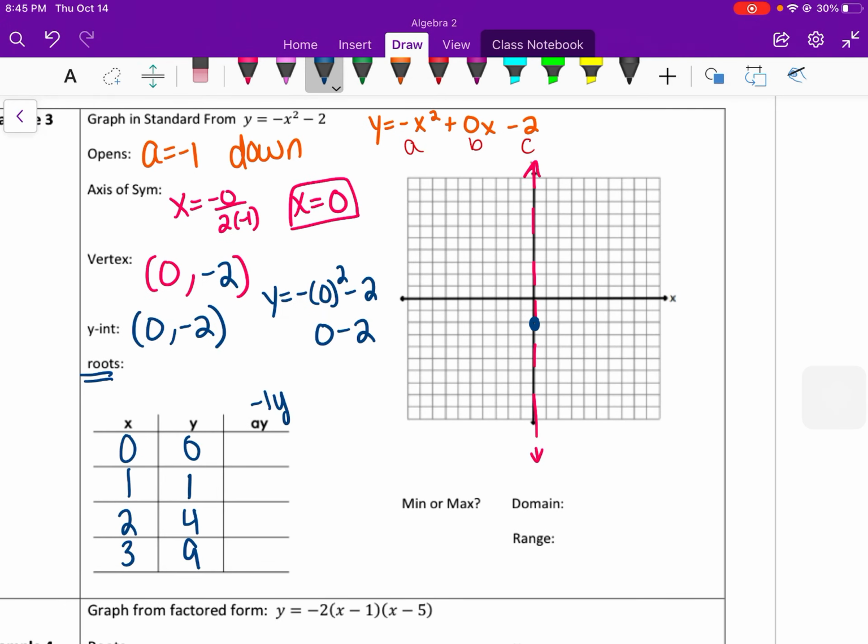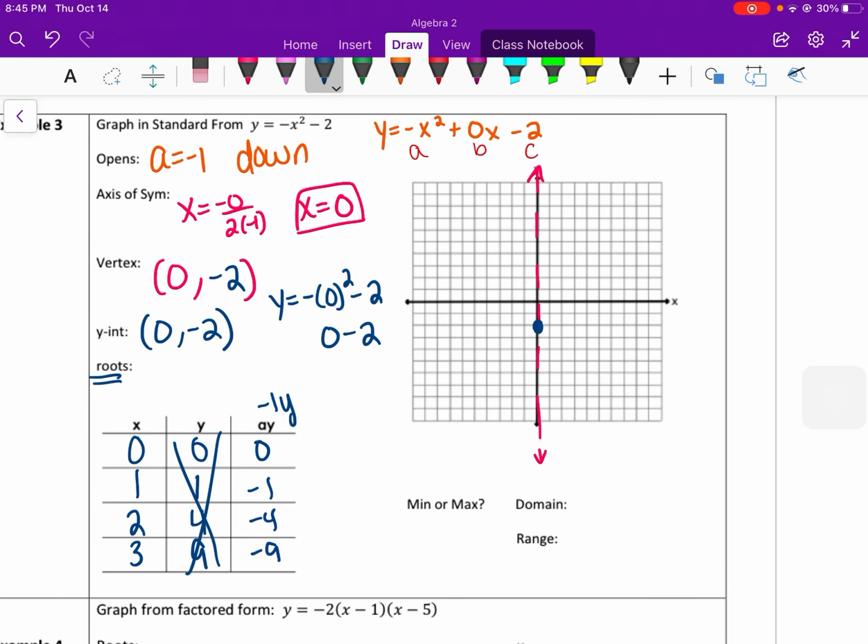Okay, -1 times y. So 0, -1, -4, -9. So I can graph this starting at my vertex, over 1, down 1, then over 2, down 4, then over 3, down 9, which is just off my graph, but I'll throw it on there.